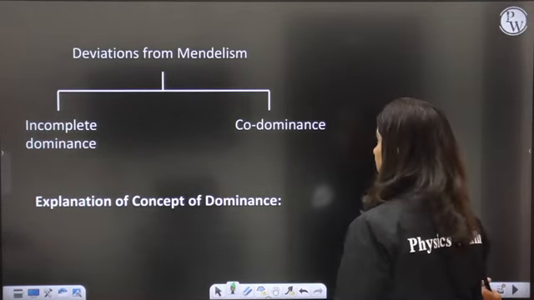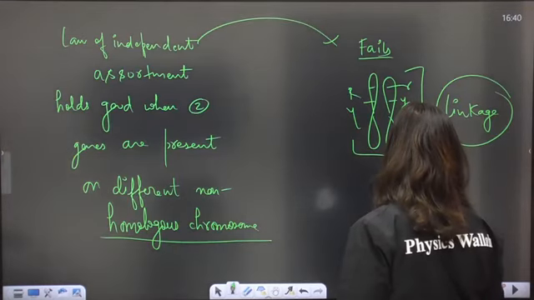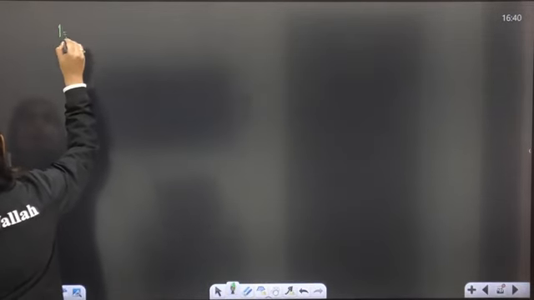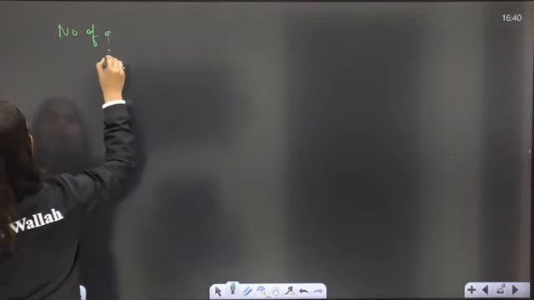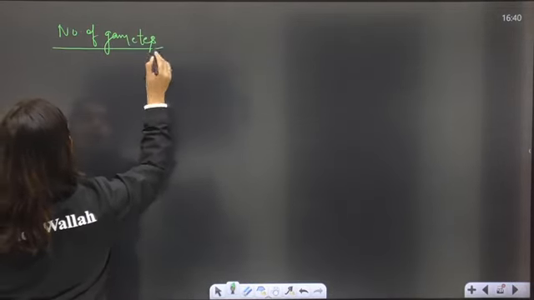Now before talking about the deviations from Mendelism, let's discuss some formulas. If I have to calculate the number of gametes formed by any individual, how will I calculate?